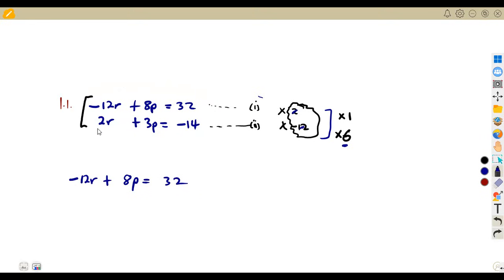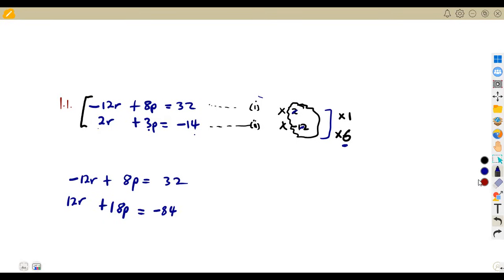So that's 6 times 2r, which is 12r. So as you can see, these two are the same, 12 and minus 12. All right. Then we do the same on p. 6 multiplied to 3p in this case, which is going to give us positive 18p, is equal to, we have got 6 and -14, which is going to give us negative 84 in this case.